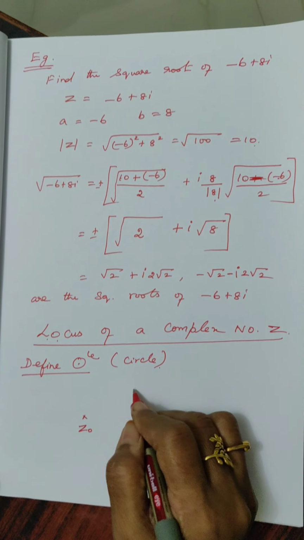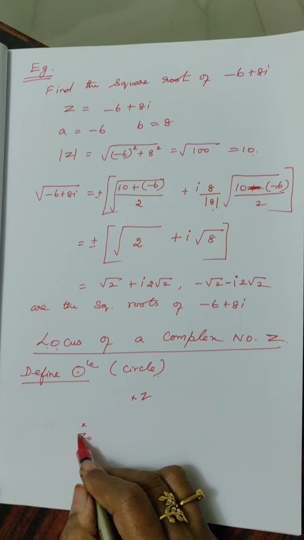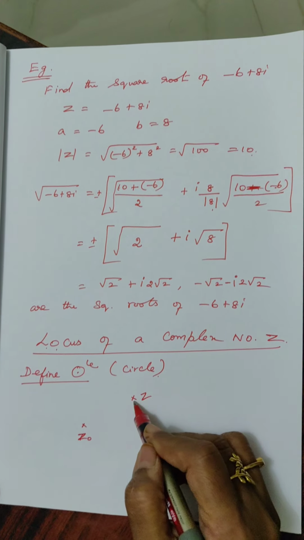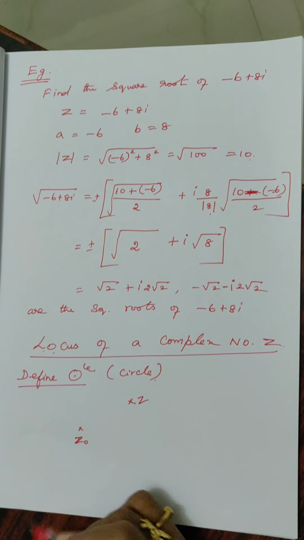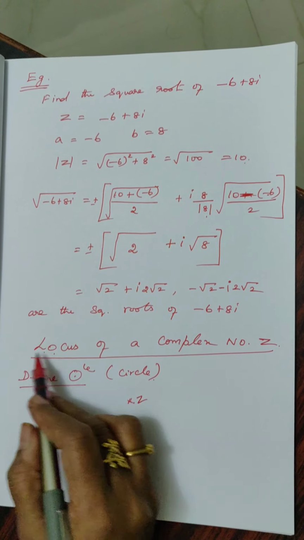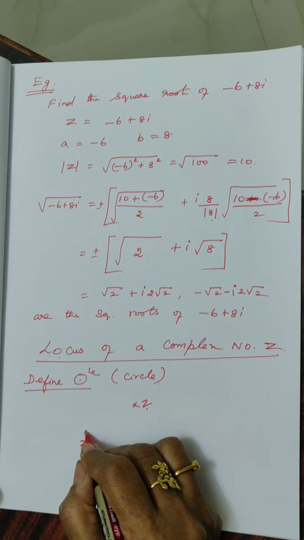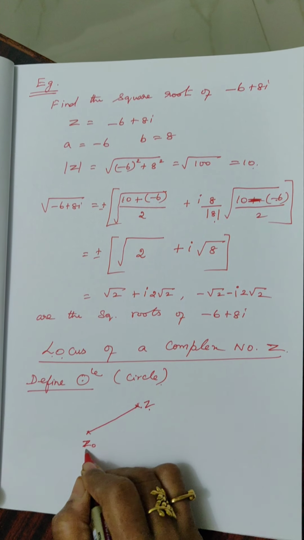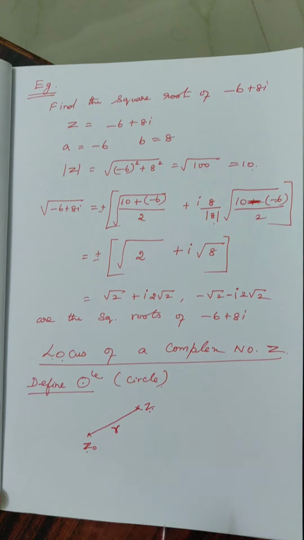And a moving point, let us take it as z. Just to see, one person is standing here and another person is standing here. I want to make movement of this person z in such a manner that the distance between these two, that is the fixed point and the moving point, is always constant. Let the constant distance be r.